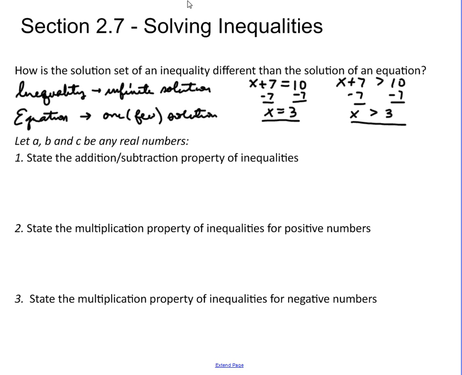All right, so there are a few rules that we have to know when we're solving inequalities. There's one rule called the addition or subtraction property of inequalities, and it says this: if A, B, and C are any real numbers, if A is greater than B, then if I add some third number C to both sides of the inequality, A plus C would be greater than B plus C. In other words, adding C to both sides of the inequality does not change the inequality.